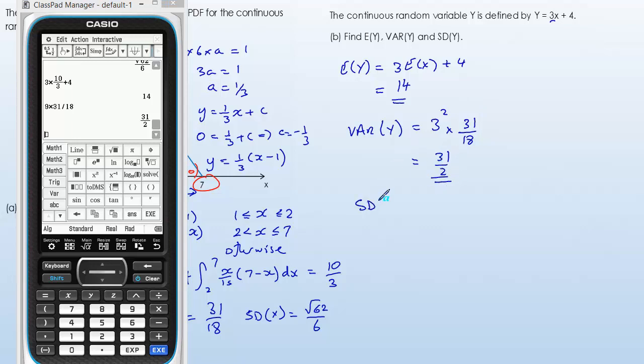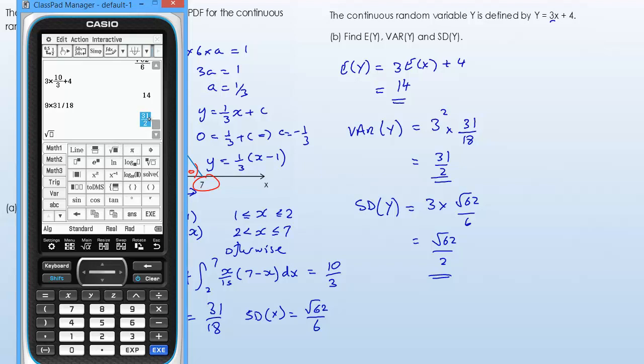And then s dy, well, we could get that from the square root of this, or by just doing 3 times root 62 over 6, which would be root 62 over 2. Actually, just square root that one, shall we, just to make sure. Doing it 2 different ways, and there we go. It does work.